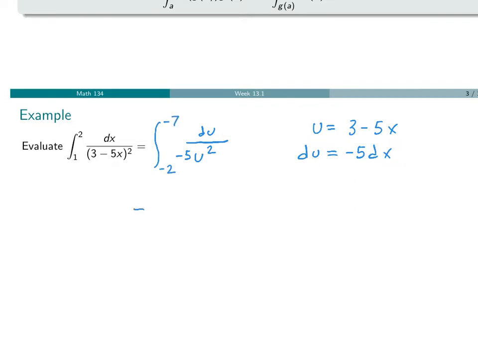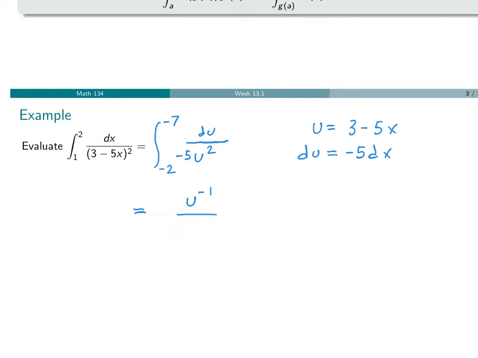So we can go ahead and solve this new integral. What we have is u raised to the 1 higher power, and we divide by that power, and the constants come along for the ride, which in this case is minus 5. So that denominator is simply just 5.